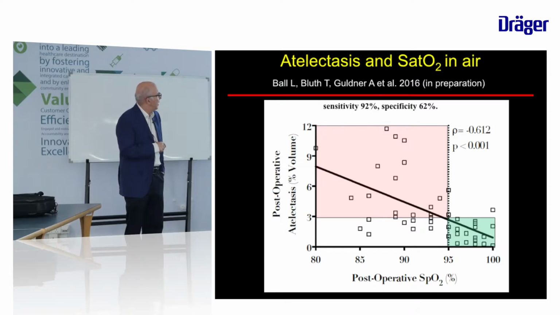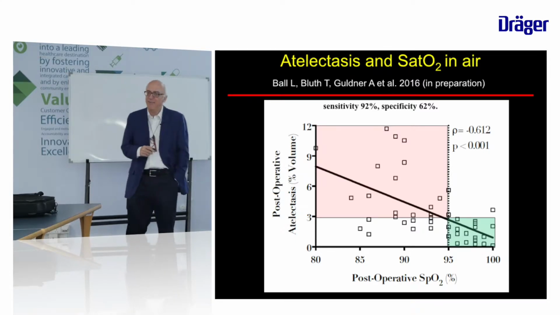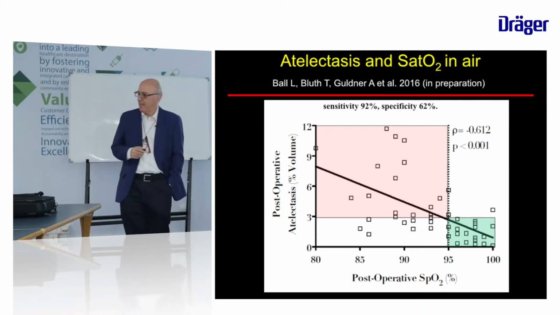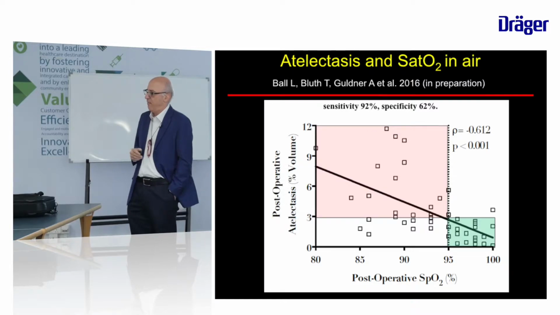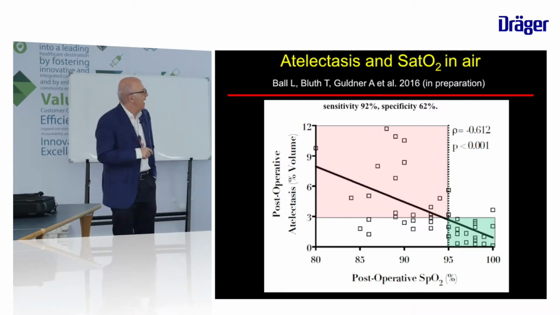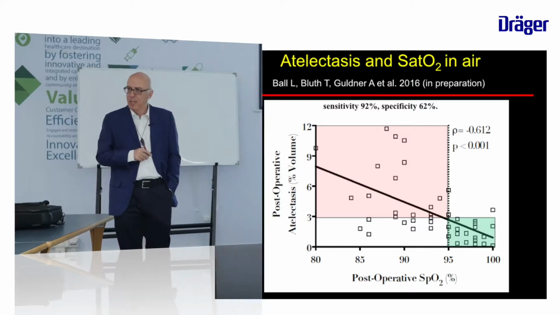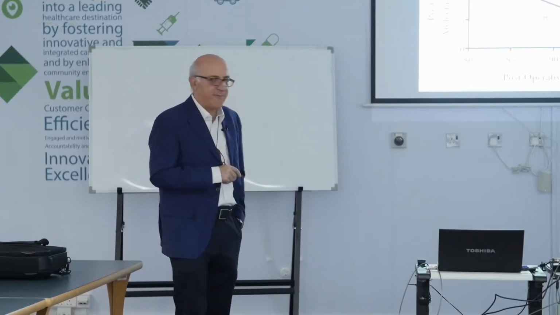You see here that if the saturation in air is higher than 95, you are likely not to have any atelectasis in most of the patients. If the saturation in air is less than 95, two thirds of the patients have a higher amount of atelectasis, while one third do not.